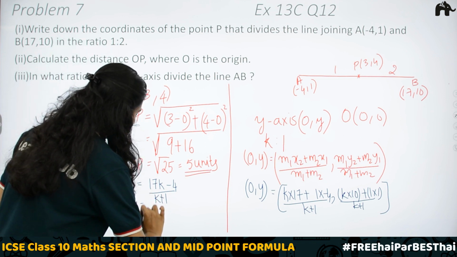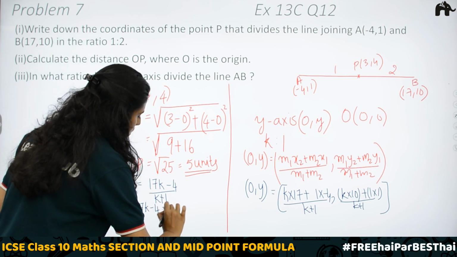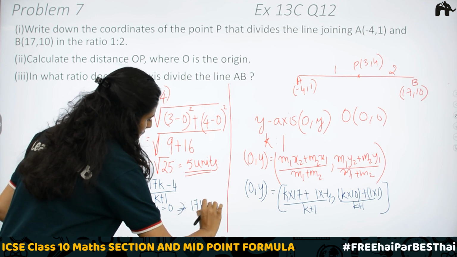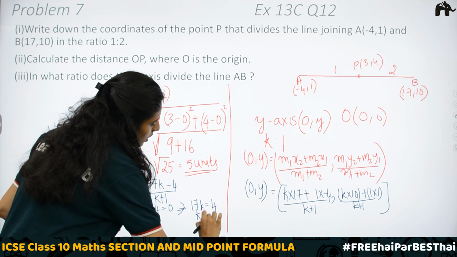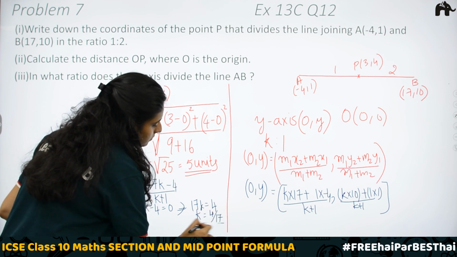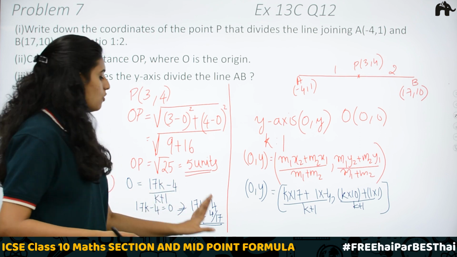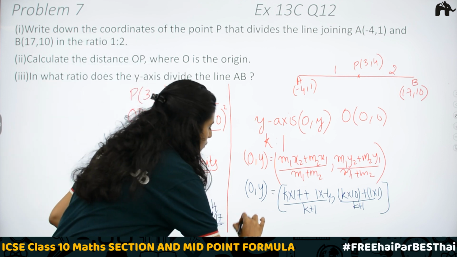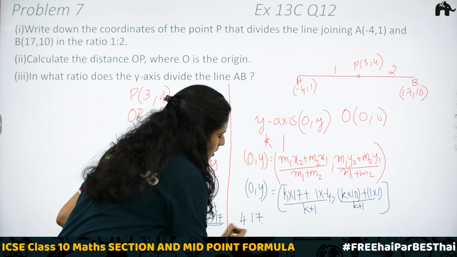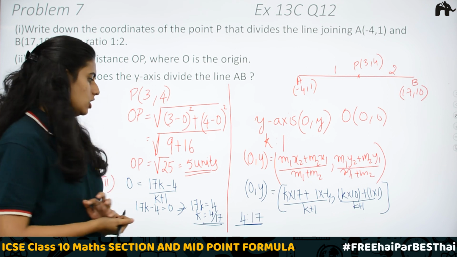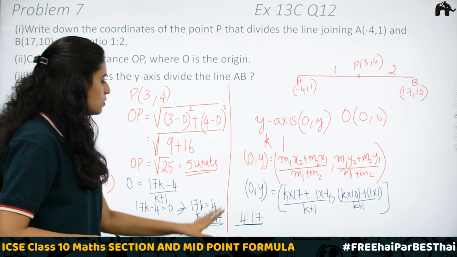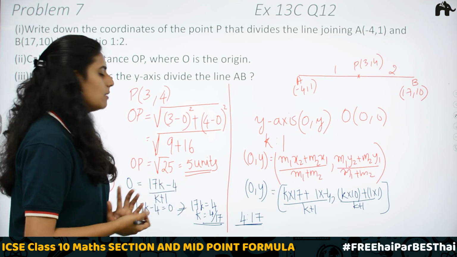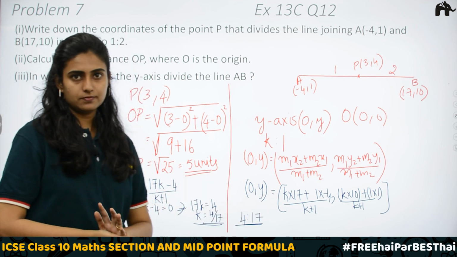Then we have 17k minus 4 is equal to 0, which implies 17k is equal to 4 and k is equal to 4 divided by 17. The value of k is 4 divided by 17, which means the required ratio is 4:17. 4:17 is the required ratio. k by 1 will be equal to 4 by 17. m1 by m2 is equal to k, which means m1 by m2 is equal to 4:17.